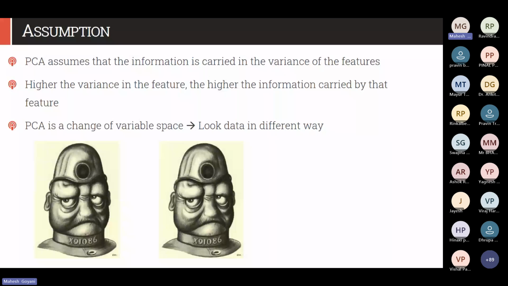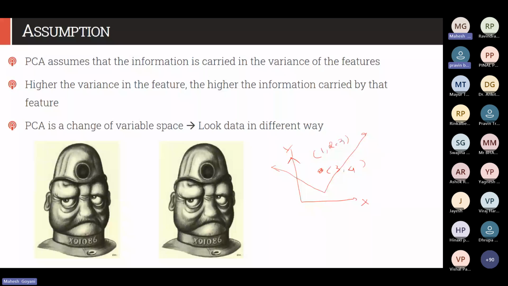We are very much habituated to look at the data in the XY plane. So if I look at this point, it may appear as (3,4) in the X, Y plane. But when I change my coordinate system like this, in that case, the same point might become (1, 2.3). The point is the same. What we did is we just changed our coordinate system, and that is why this data looks different.